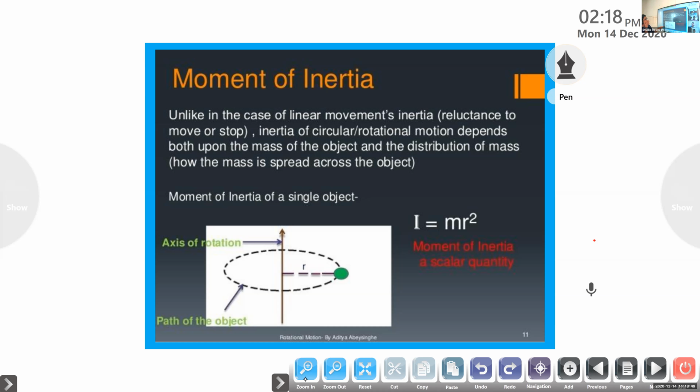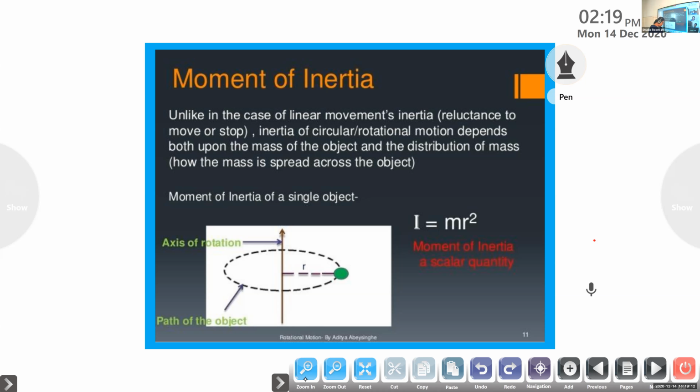So what is moment of inertia? It is the tendency of an object to resist the rotation about the axis. Same as before. Only thing is, it is rotation about the axis, but we have learned linear inertia, that is straight line motion, but this is about rotation.